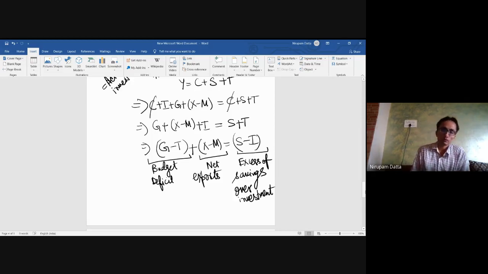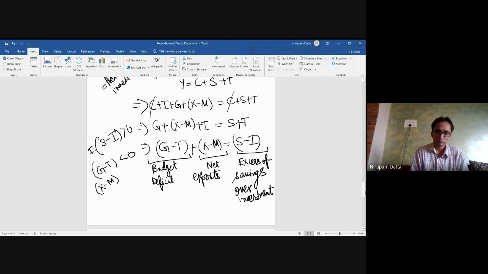Now, if S minus I is greater than 0, the first situation is that G minus T is greater than 0.